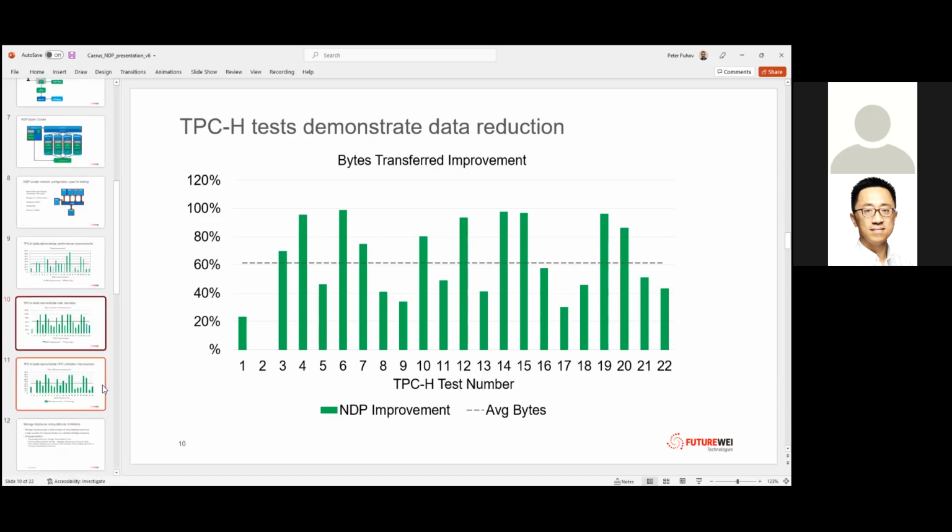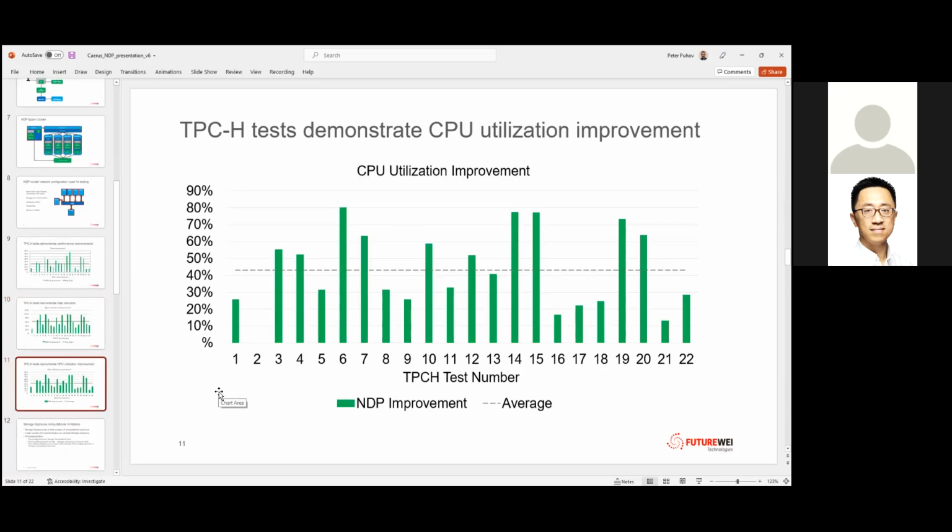And the last one is a bit counterintuitive, because users typically care about how fast their tasks run, but we believe this is also an important metric. This is the metric of utilization of the CPU of the compute nodes.